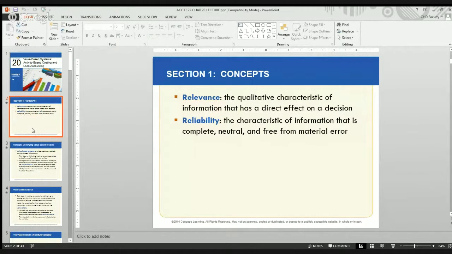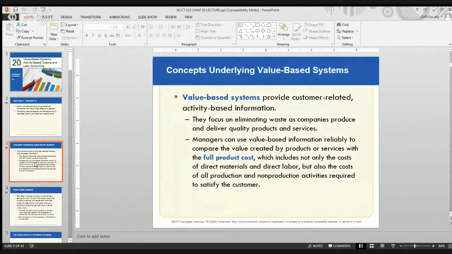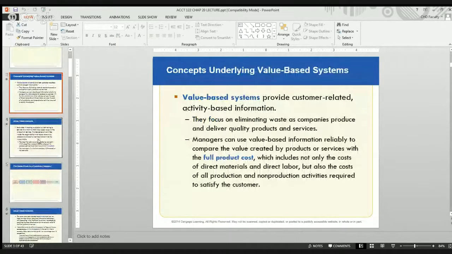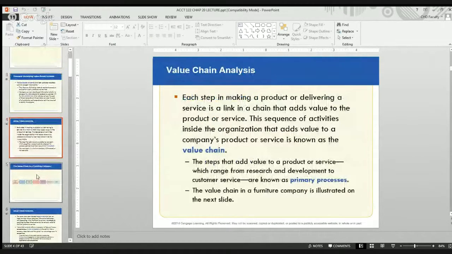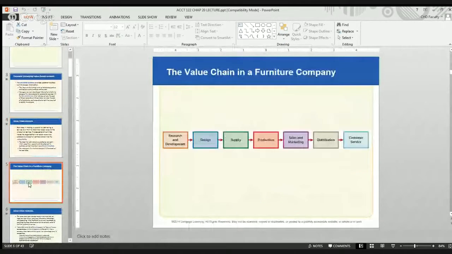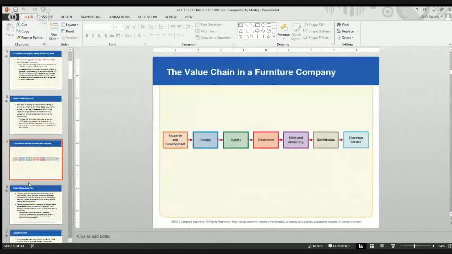The other thing I want to make sure that you are taking a look at are the definitions of value-based systems. When we look at value chain analysis, we touched on this before.